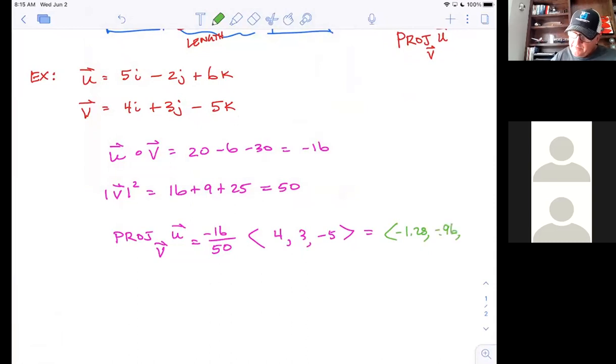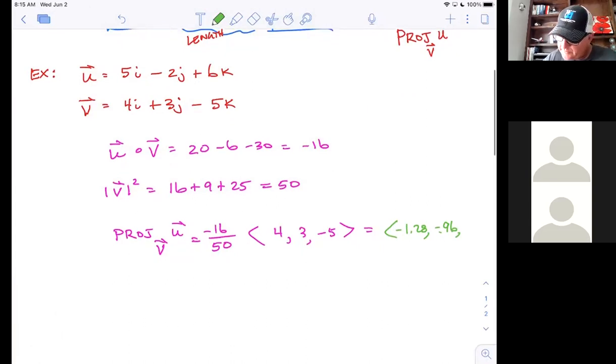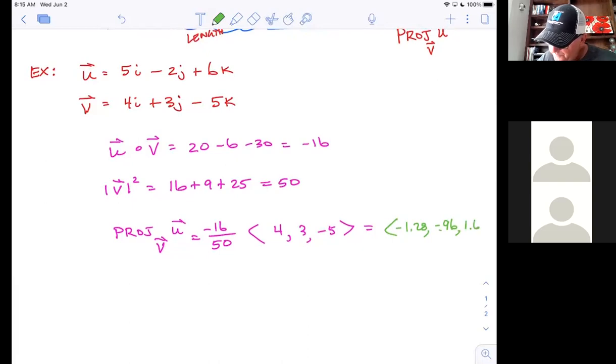Let's see, 5 divided by 50 is 0.1, so that'd be 1.6. And negative times a negative is a positive. So we think this is the correct answer. We think.